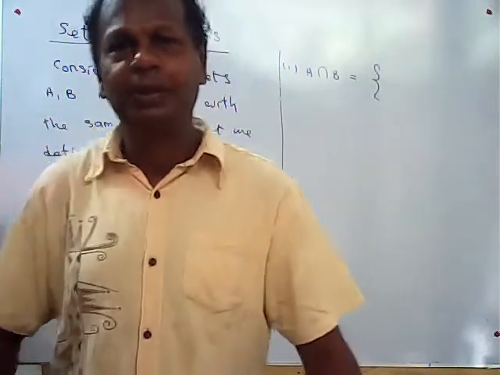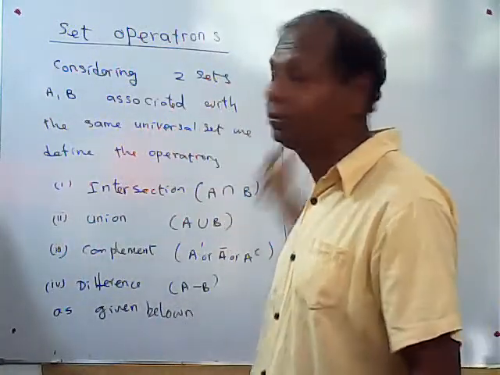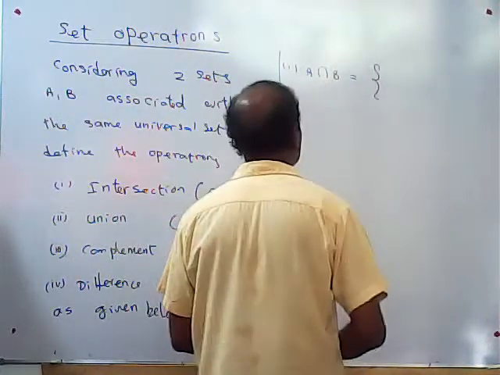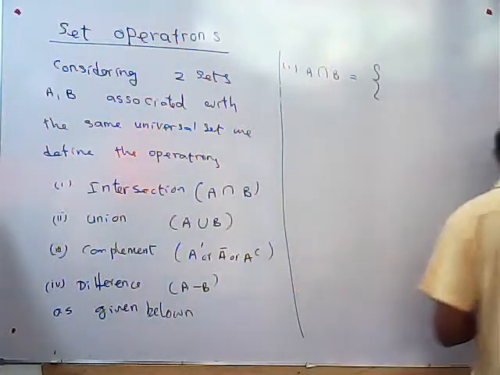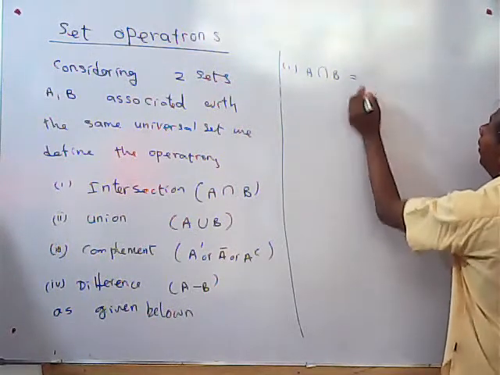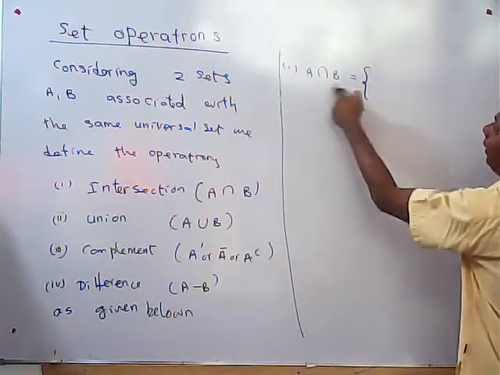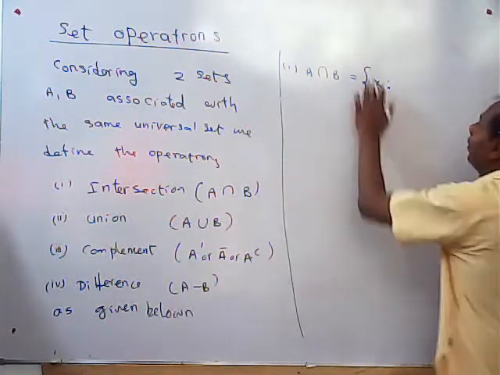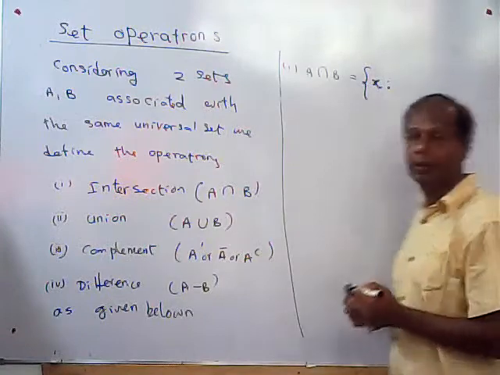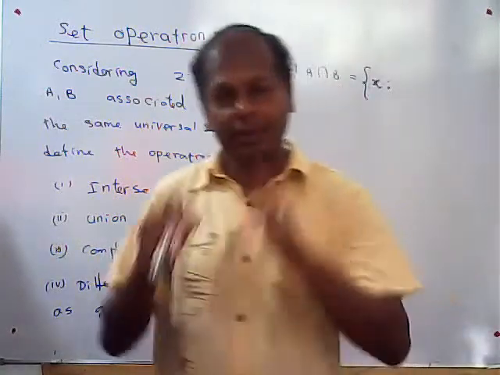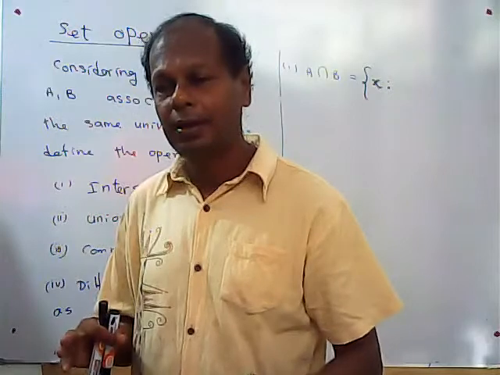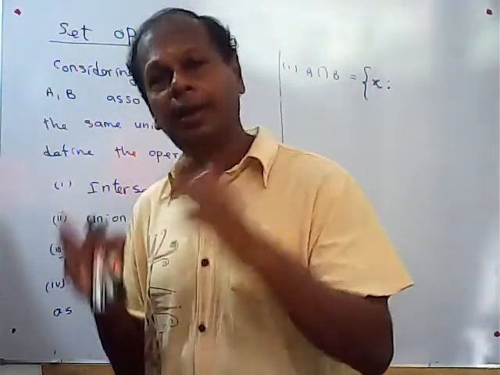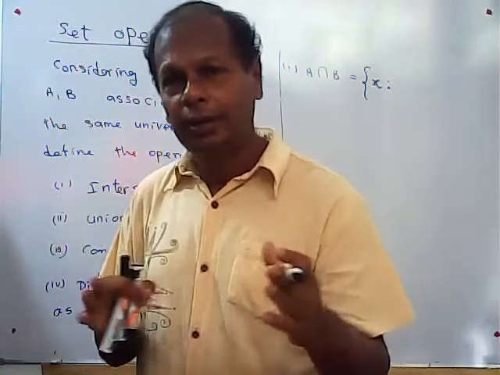Right? So the same meaning. The same meaning I am using for these logical connectives. So A intersection B, it consists of all x. A intersection B is another set of which the elements are the common elements to A and B. Anything in both A and B, right?